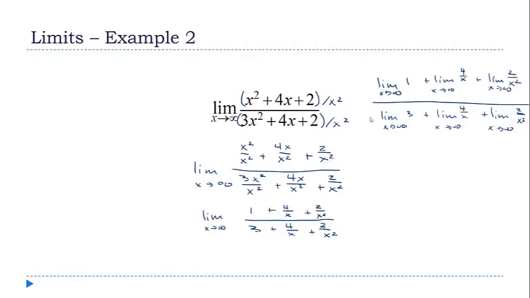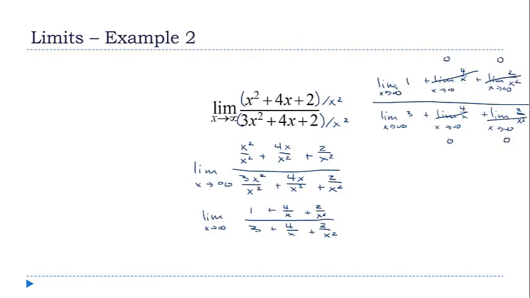Now, each of these individual limits. Think back to what we did on the previous slide. The limit as x approaches infinity of something over x is 0. And similarly, if 1 over x is going to 0 as x goes to infinity, then something over x squared is even smaller than something over x, so this is also going to 0, and it's doing it even faster.